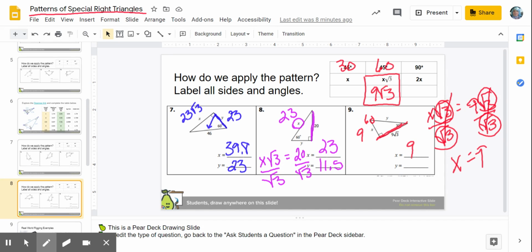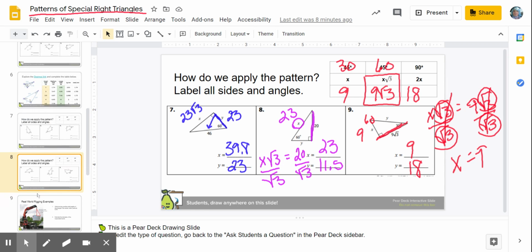Perfect. Which means y is what? Somebody say 18? Any questions on slide 8?